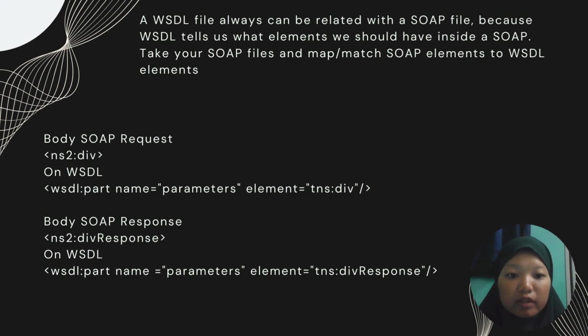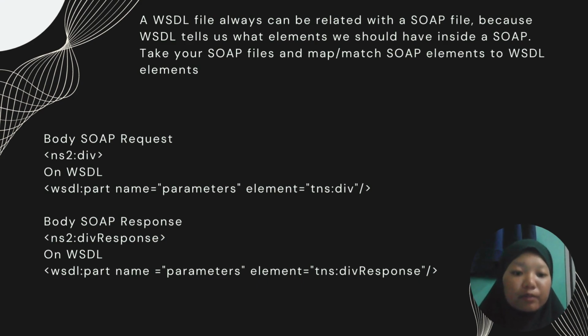On body SOAP request, I have an S2 div, which is divided. So on the WSDL part, it's the same: name equal to parameters and element equal to DNS div.